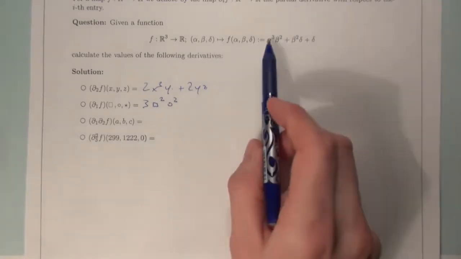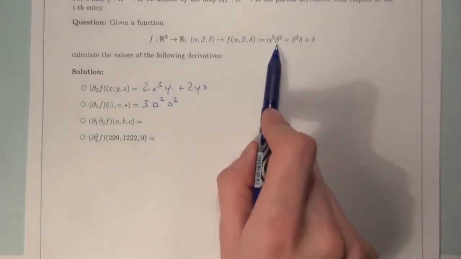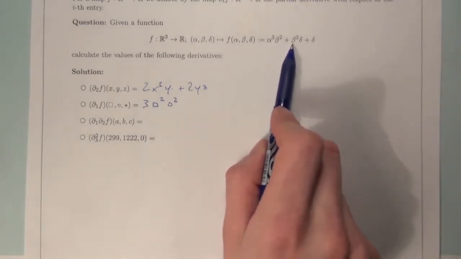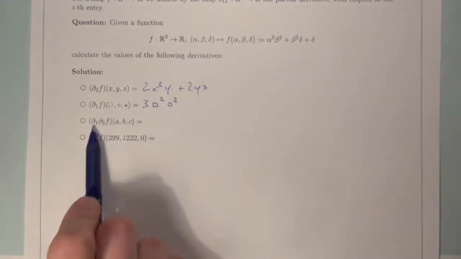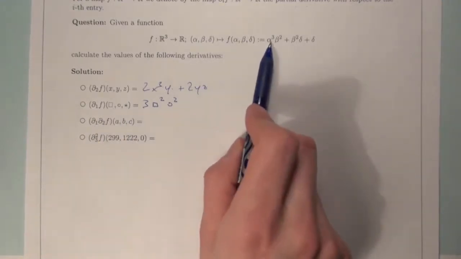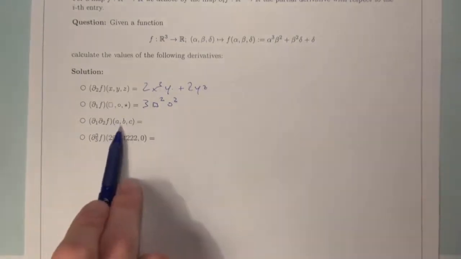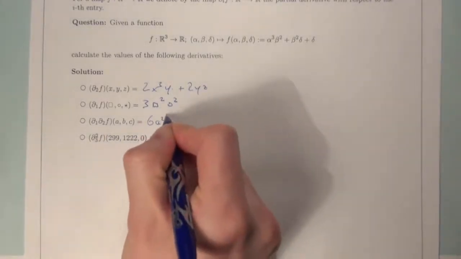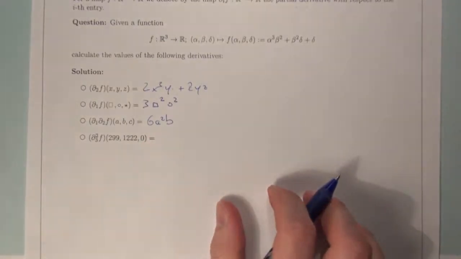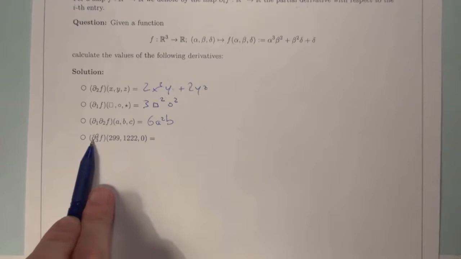We had this before, so this was 2 alpha to the power of 3 times beta plus 2 beta delta. And now we derive again with respect to the first entry, which was alpha here. Therefore what remains is 6 alpha squared times beta, but we evaluate at a, b, c, therefore the result is 6a squared b. And here we perform 2 derivatives of the third entry, which is delta.